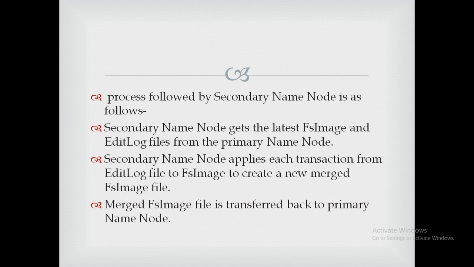So the copy of the file is stored in the secondary name node in the form of a merged file, and the original files are transferred to the name node. If the name node fails, then we can recover the data from the secondary name node, and if the data node fails, then we can recover the data from the replication factor that we have provided while writing the HDFS structure.